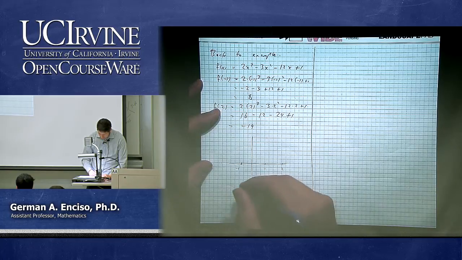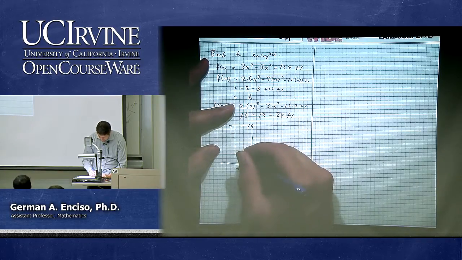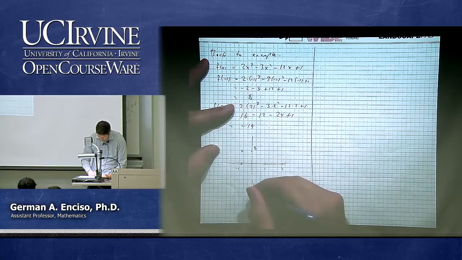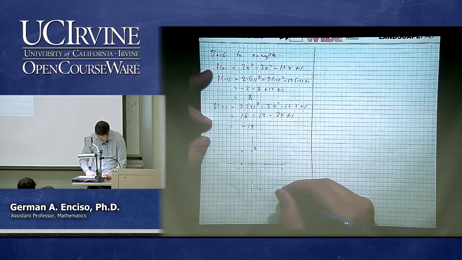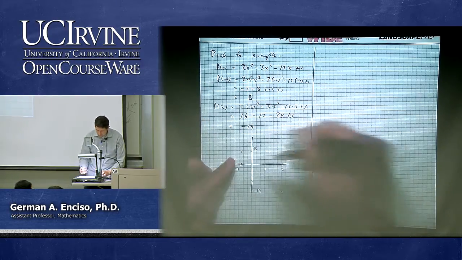I'm going to draw 8 over here, and I'm going to draw minus 19 down here. Okay, so the function must go through these 2 points.